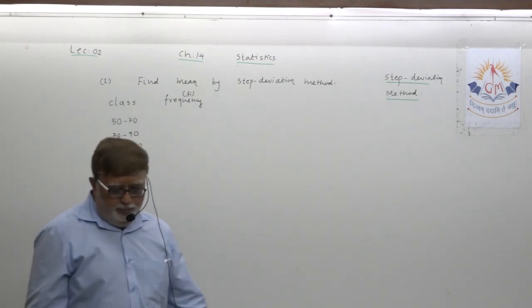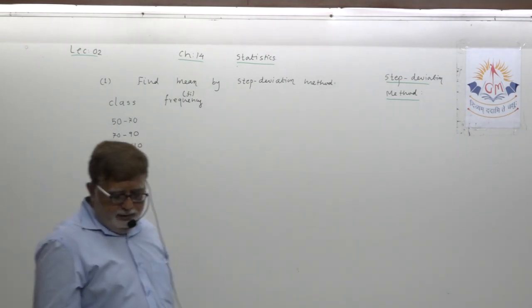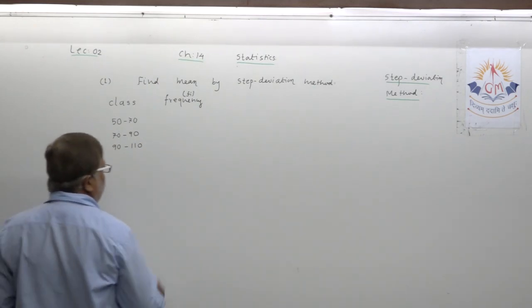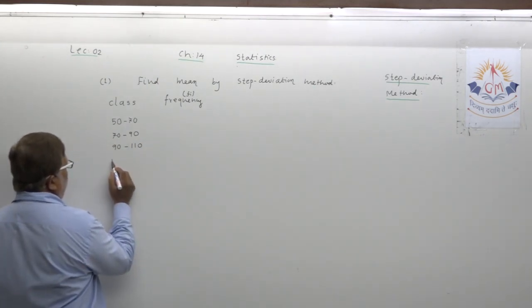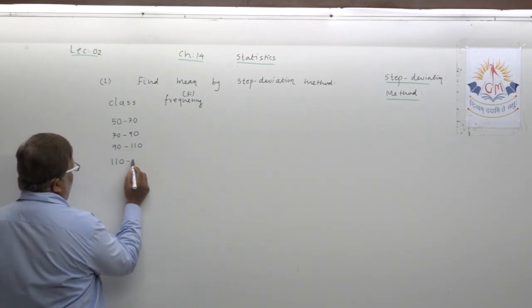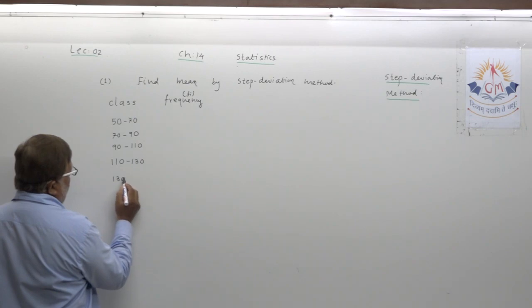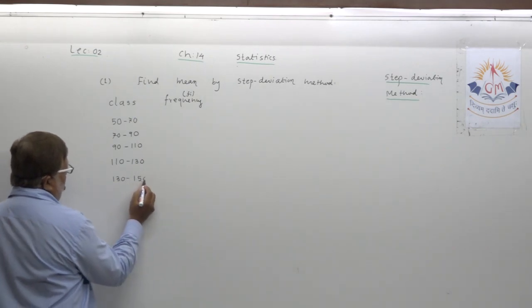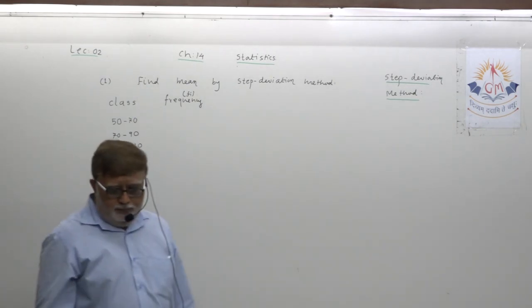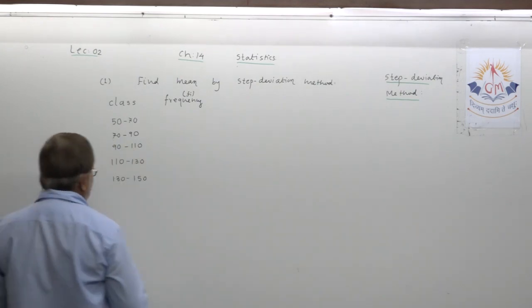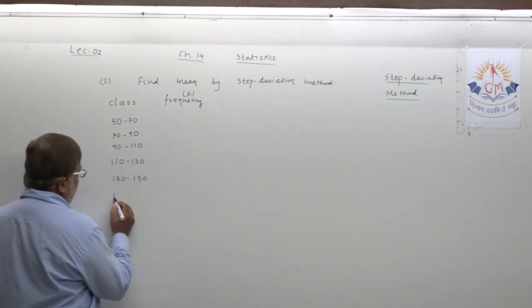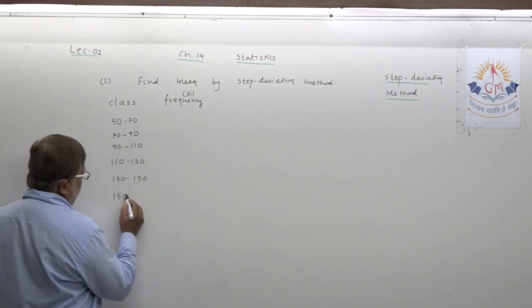Okay, 50 to 70, 70 to 90, 90 to 110, 110 to 130, then 130 to 150. Note down the class column, and at last 150 to 170. These are the classes given.